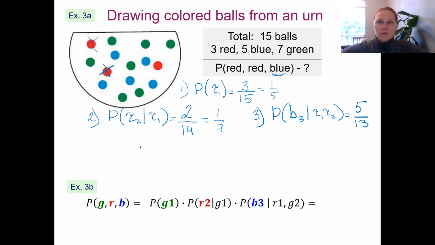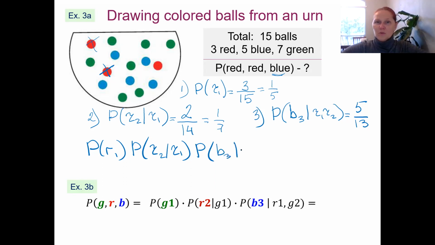The probability of getting the first red, then multiplied by the probability of getting the second red, given that the first was red, times the probability of getting the third blue, given that the first was red and the second was red.